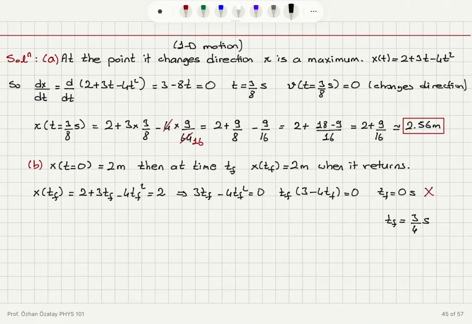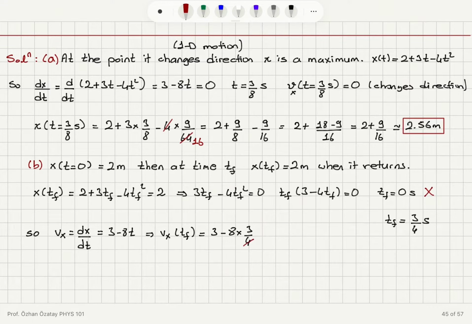So my question is, what is its velocity when it returns to its original position? If I look at velocity Vx, it is the derivative of position with respect to time, dx/dt, which I have found in part A to be 3 minus 8t, and I want to know the final value of the velocity at t equals t final. So it is 3 minus 8 times 3 over 4.